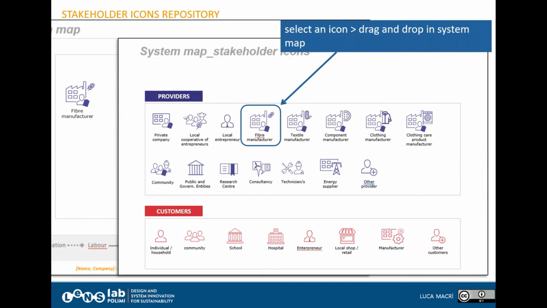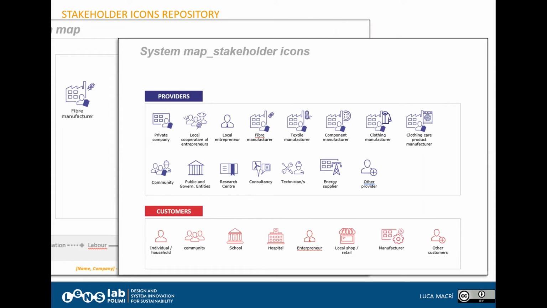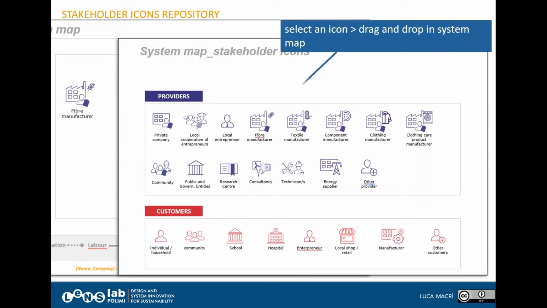For example, you have icons already related to the clothing system, so fiber manufacturing, textile manufacturing, etc. So what you do is just go inside that slide, pick the icon that you think is needed to represent your concept, and put it inside the system map. It could be in the inner box if it's a primary stakeholder, or outside if a secondary stakeholder.